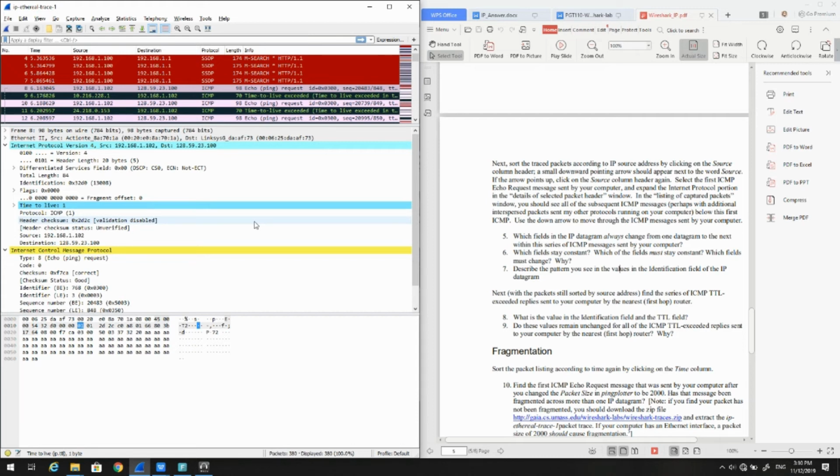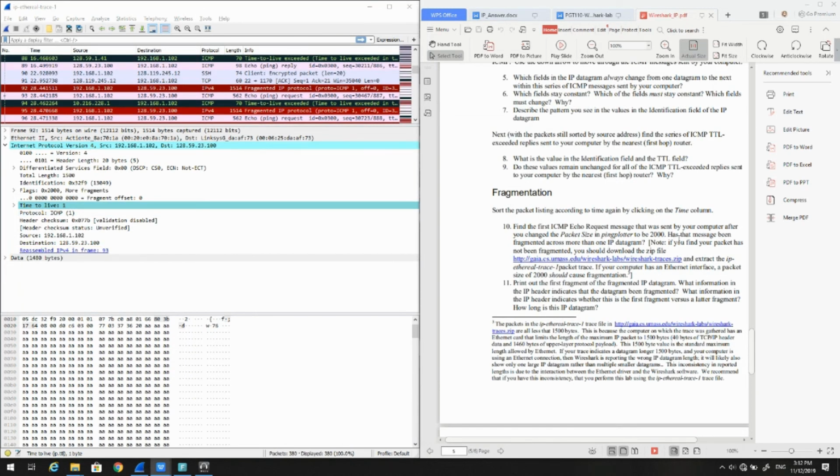The TTL field does not change because the time to live of the first hop router is always the same. For number 10, has the message been fragmented across more than one IP datagram? Yes, it has.